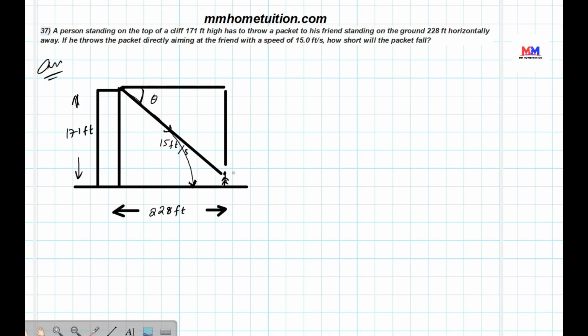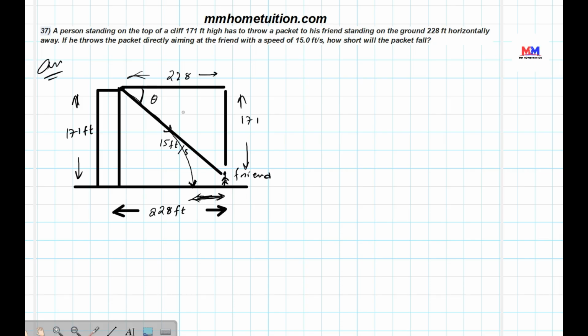So this is his friend. The person targets the packet towards his friend, but it will fall before the friend and strike on the ground. So we'll have to calculate the remaining distance required so that it will not strike the friend. So first of all, this is theta. This is 171 feet, and this is 228 feet.